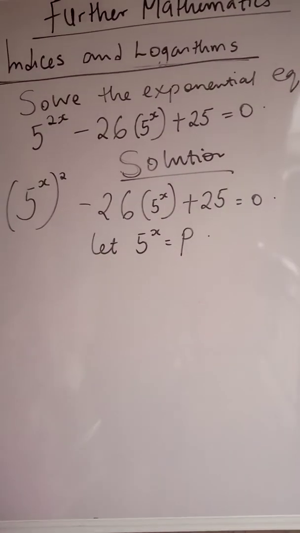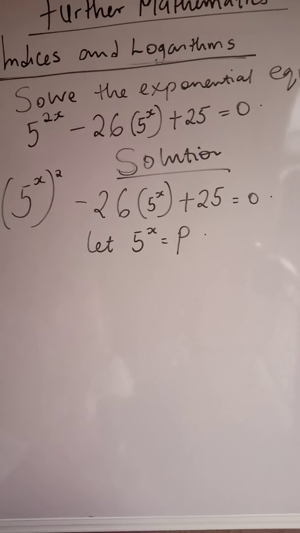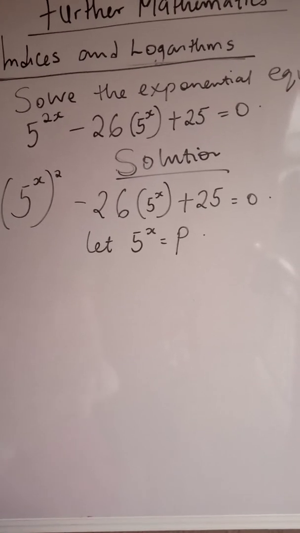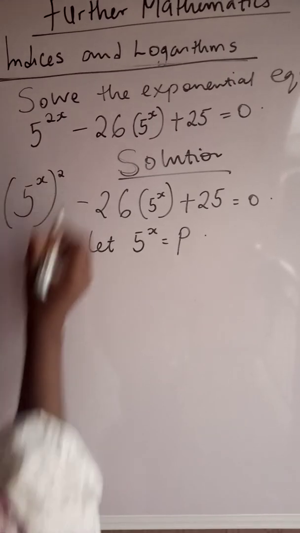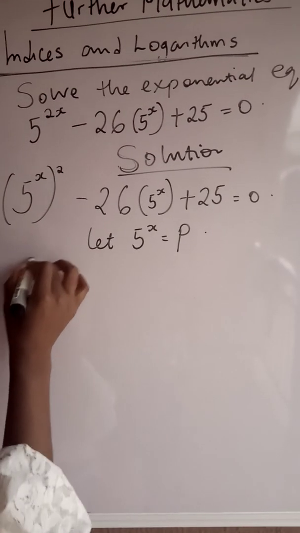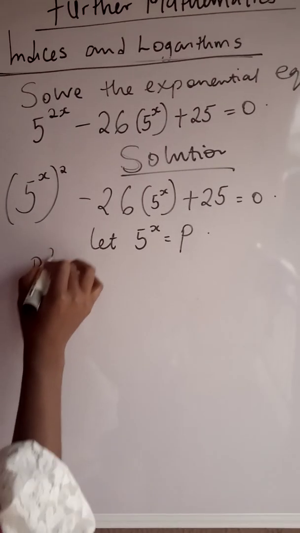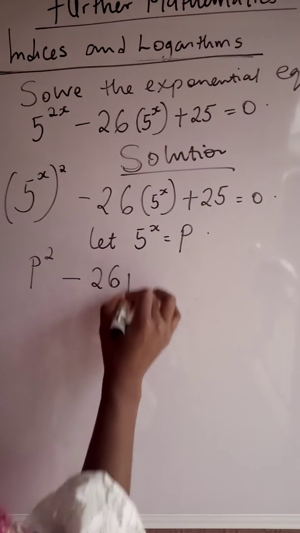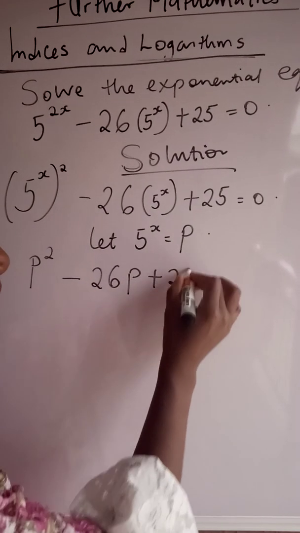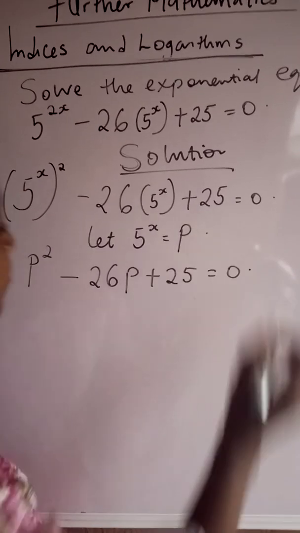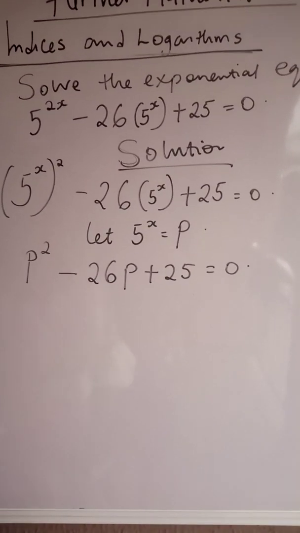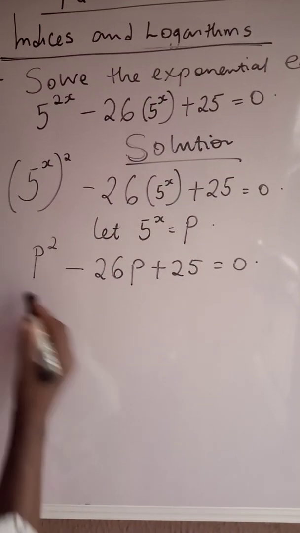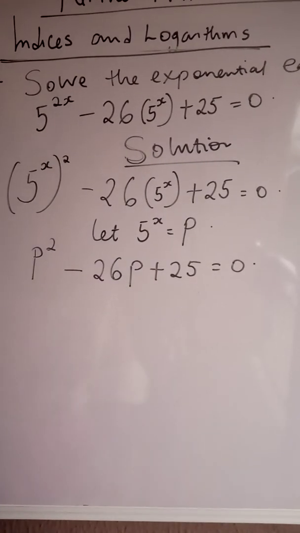So anywhere I see 5 raised to power x, I'm going to put p. So this will now be p squared minus 26p plus 25 equals 0. This equation is a quadratic equation.